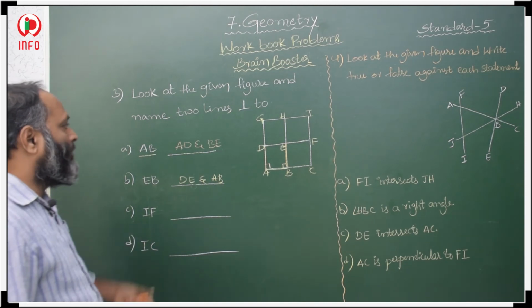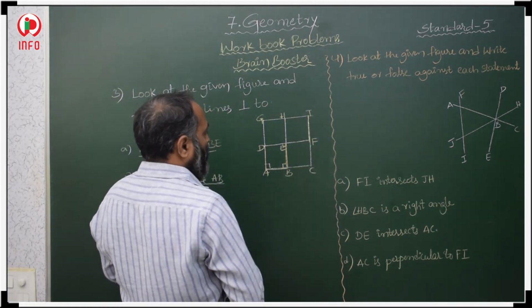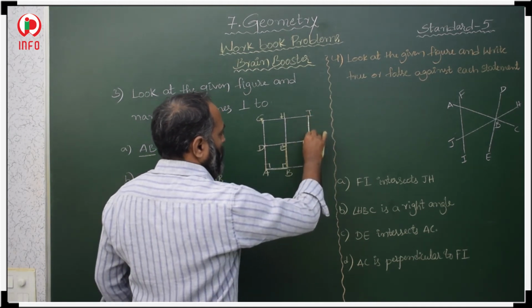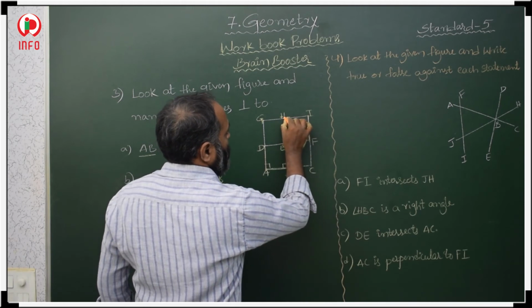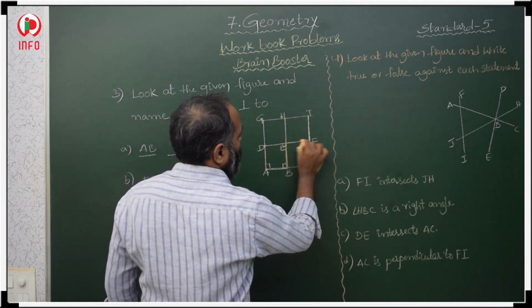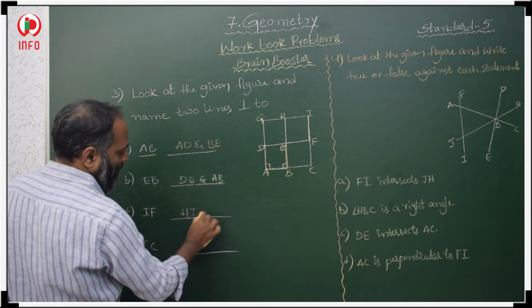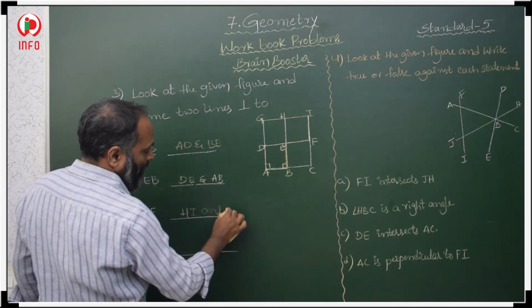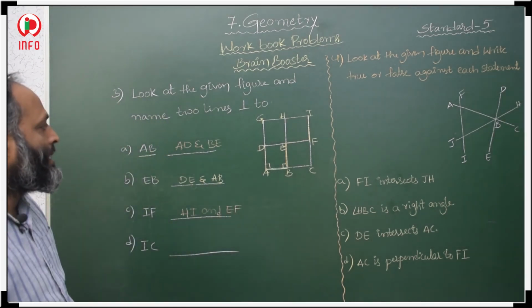Next, IF. For this IF, the perpendicular lines are only two lines, HI and EF. These two lines are perpendicular. Next, IC.